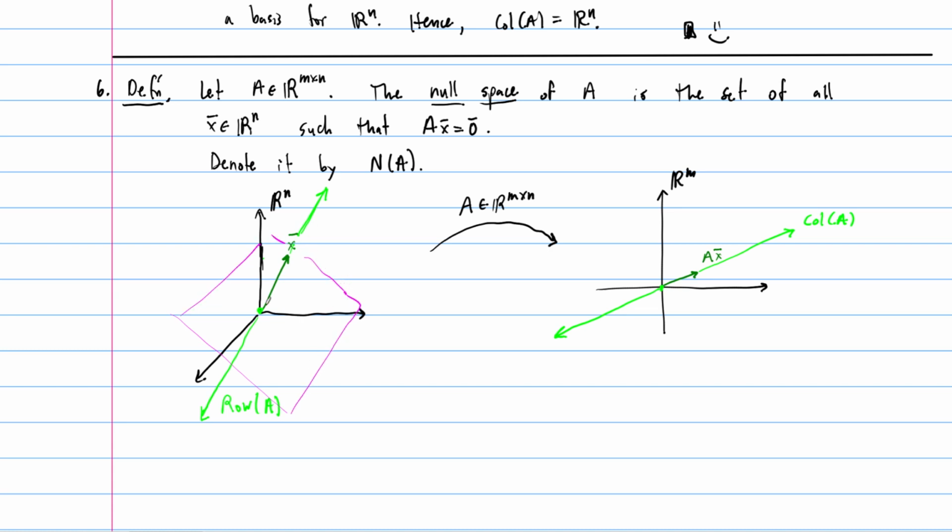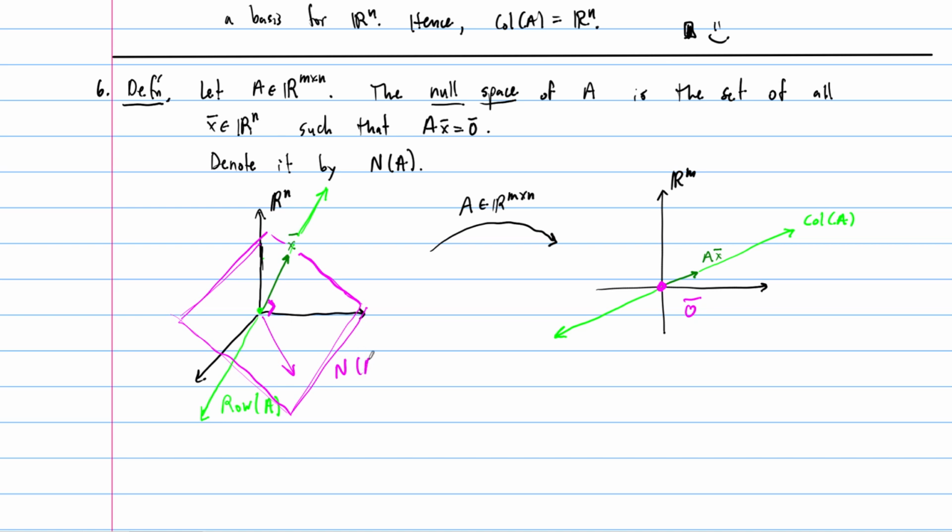So this is not a geometry class, but there is a lot of geometry involved in linear algebra, right? But this plane right here, all the vectors in this plane, because the dimensions of the row space and the column space have to be equal, all these vectors have to get sent to the zero vector, right? And so every vector that lives in this space gets sent to the zero vector.